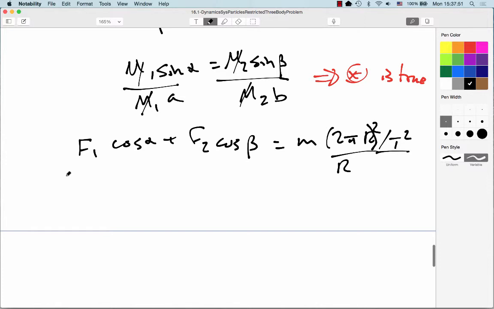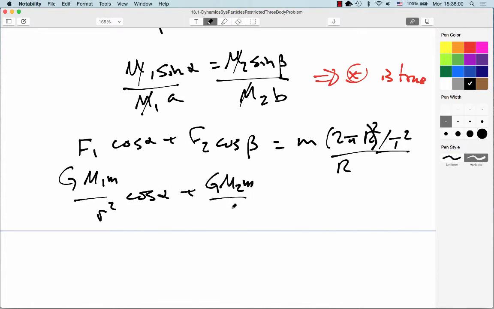We'll put in the forces: G m1 m over r squared cos alpha plus G m2 m over r squared cos beta equals m times 4 pi squared r over T squared. Cancel, cancel, cancel where we can.